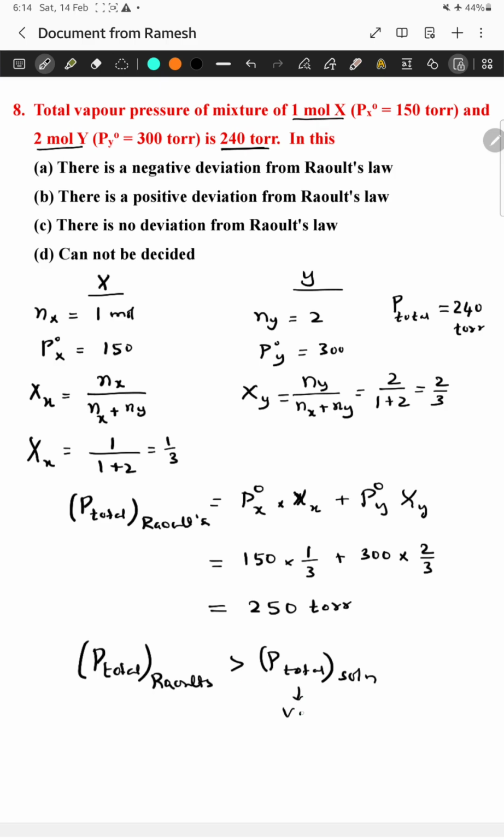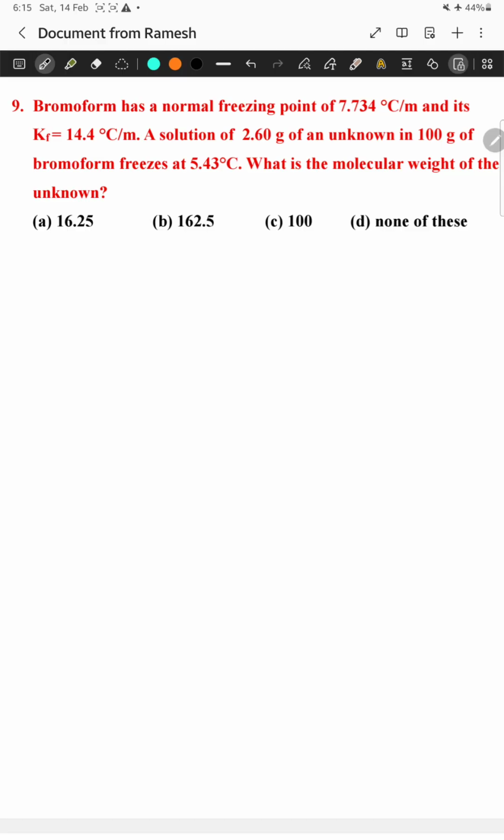This is the vapor pressure of the solution by experiment. The vapor pressure of the solution is lesser than the expected vapor pressure as calculated by Raoult's law. When it is lesser, the solution shows negative deviation from Raoult's law. So it shows negative deviation, which means the correct option is option A. So for the 8th one, the correct option is A.